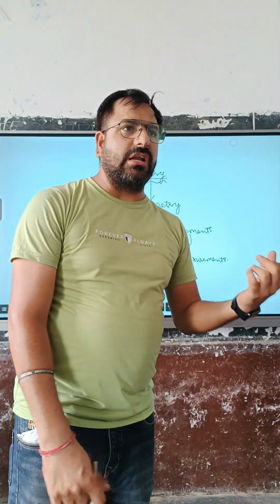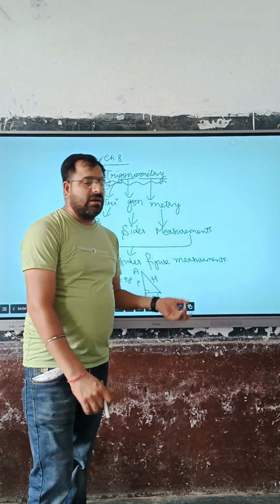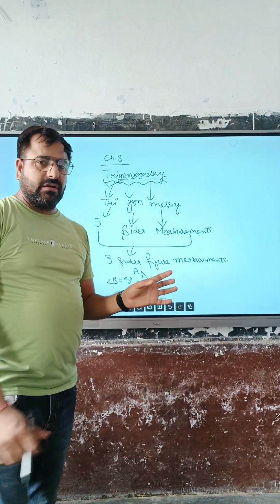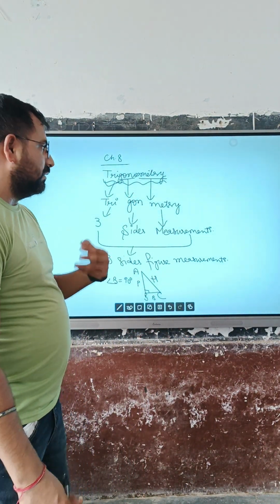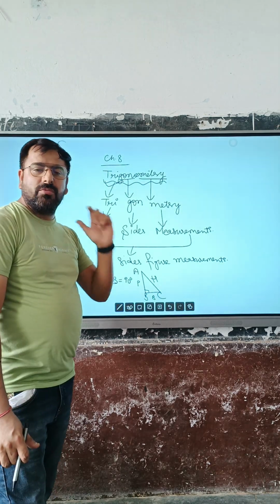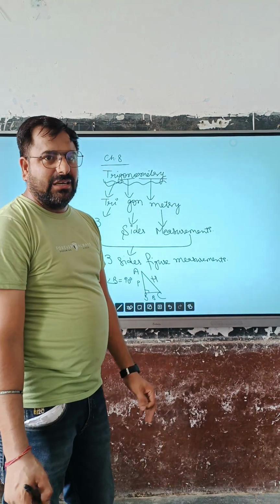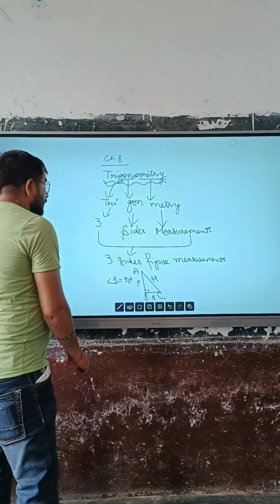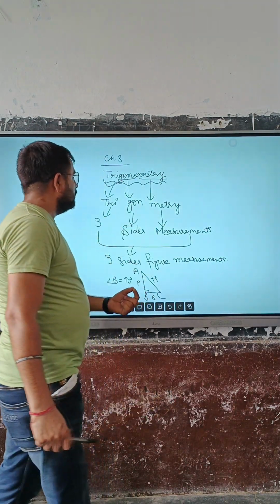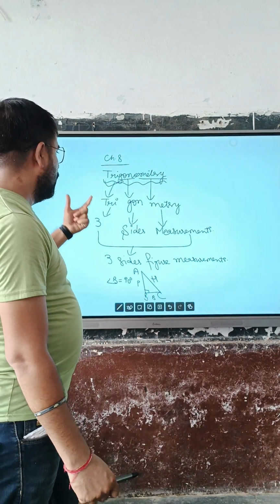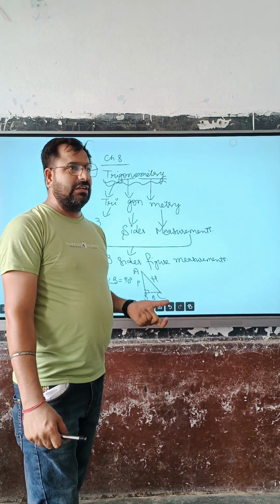Perpendicular and base are interchanged and depend upon where the angle is made, and hypotenuse remains the same. So trigonometry is the measurement of the sides of triangles.